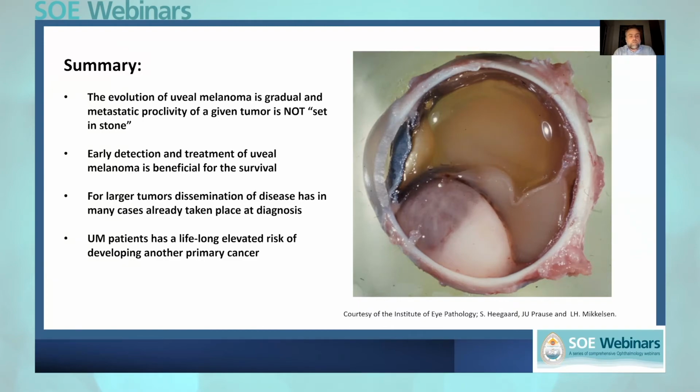We stress that uveal melanoma patients has a lifelong elevated risk of developing other primary cancer, and we suggest that metastatic disease is validated by histopathology in order to not overlook a cancer which could have been treated with chemotherapy. Thank you for your attention.